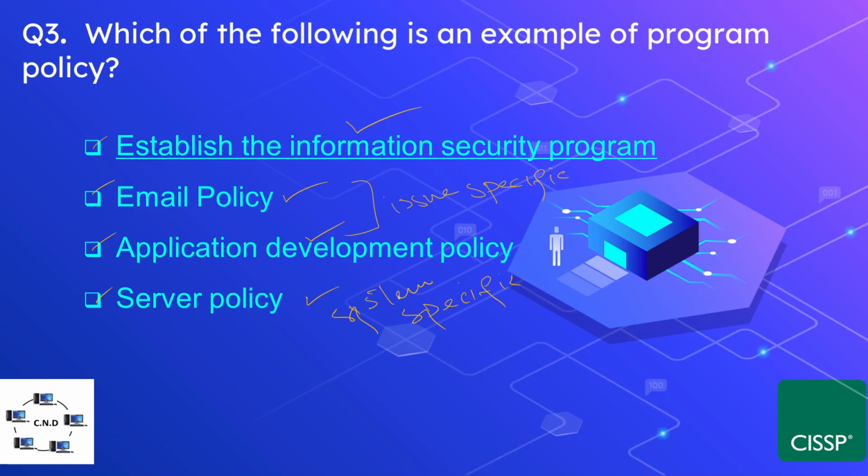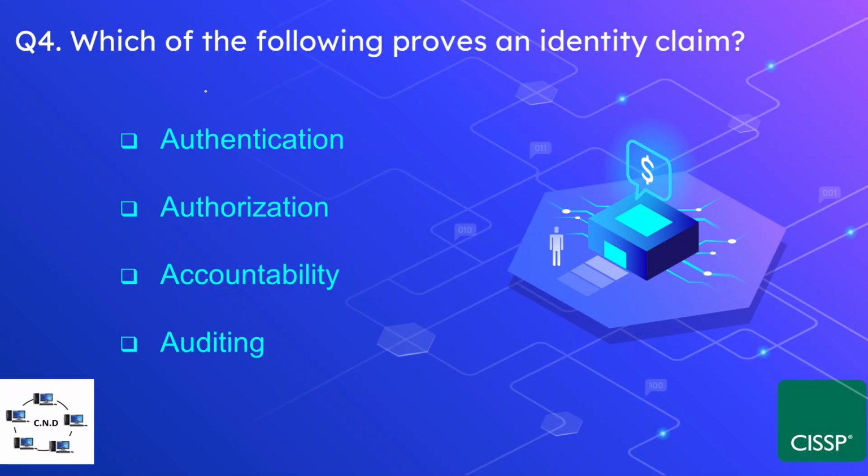Question number 4 is: which of the following proves an identity claim? The options are authentication, authorization, accountability, and auditing. And the correct option is authentication.